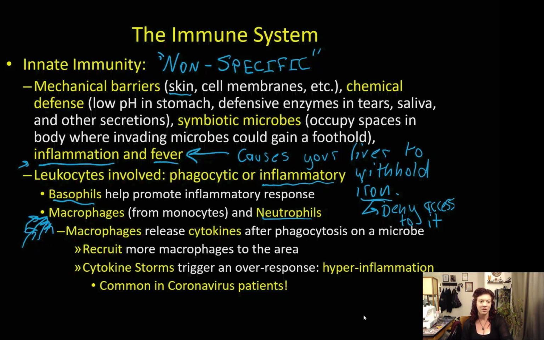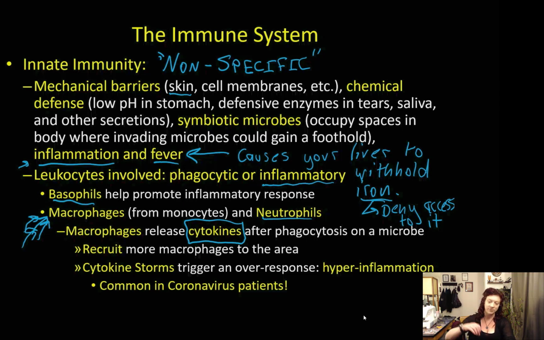Okay? Now, when a macrophage encounters a non-self cell, so say it encounters an invading bacterial cell at the site of a cut or some sort of physical injury, the macrophage will release chemical signals called cytokines. Okay? The release of cytokines is triggered by phagocytosis of a microbe.